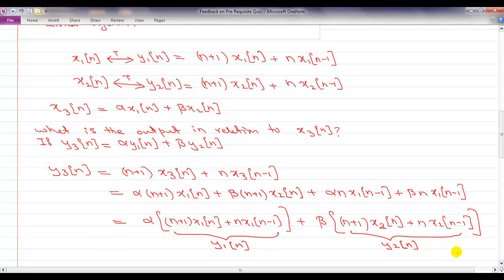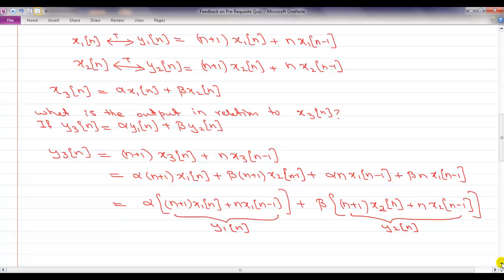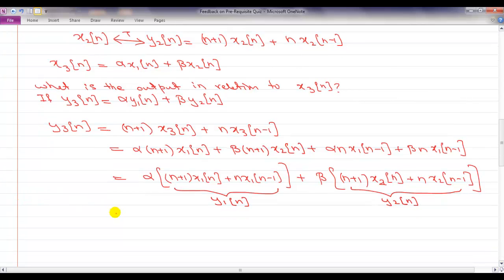Okay. So what this means is that my y3[n] equals alpha y1[n] plus beta y2[n].